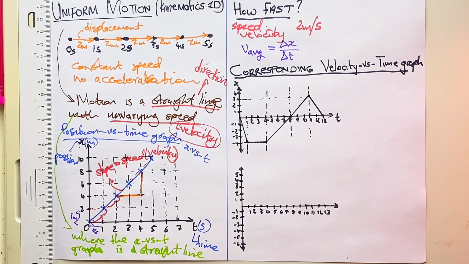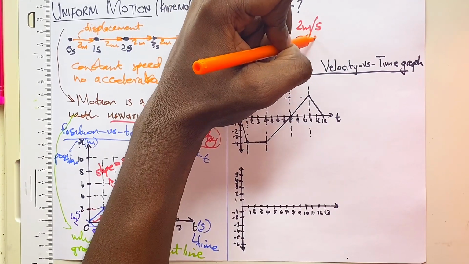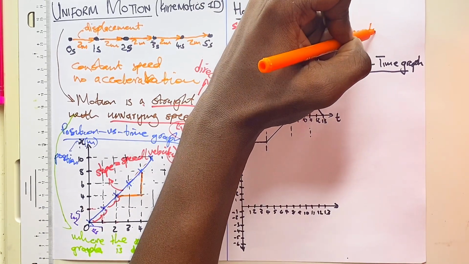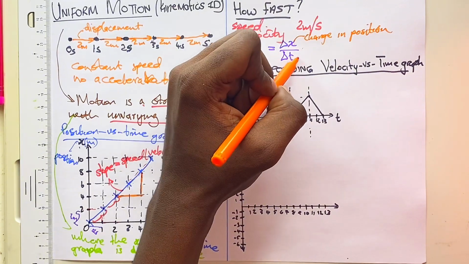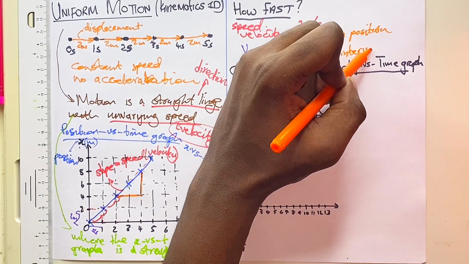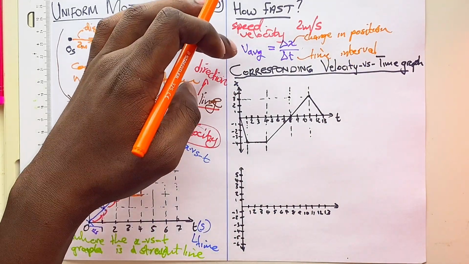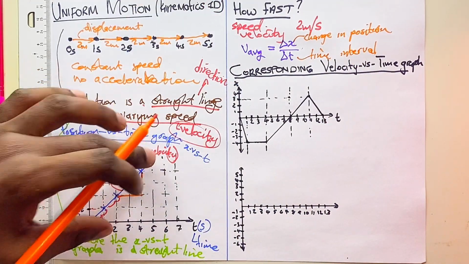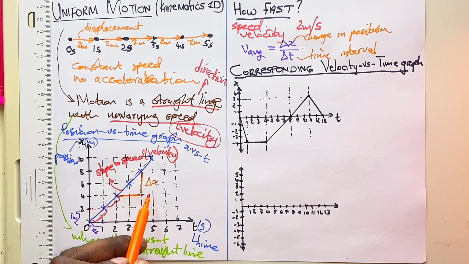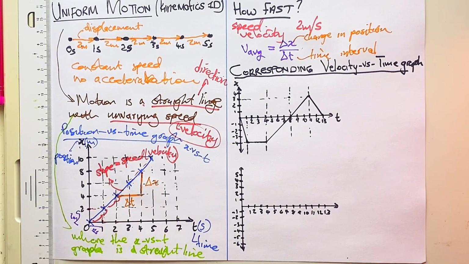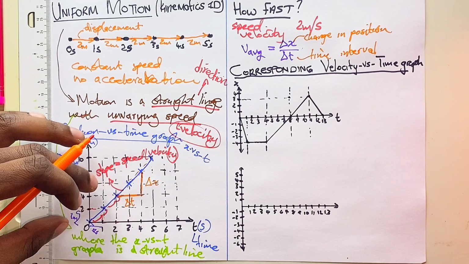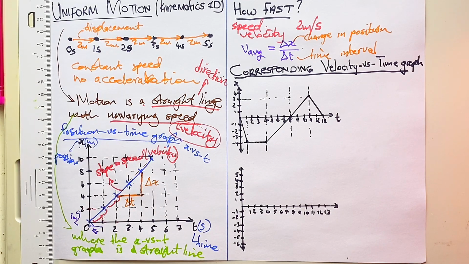So here we have a change in position over the time interval if we want to calculate the velocity. Now we say that this is our change in position and this is our time interval, and that gives us the slope of the graph, therefore giving us the speed or the velocity.